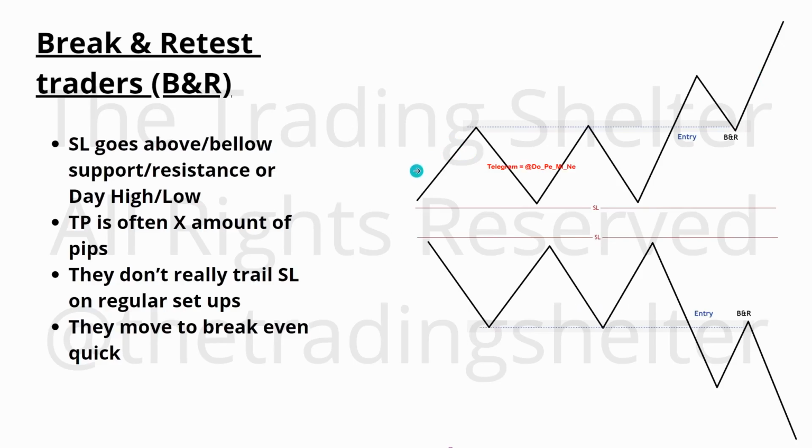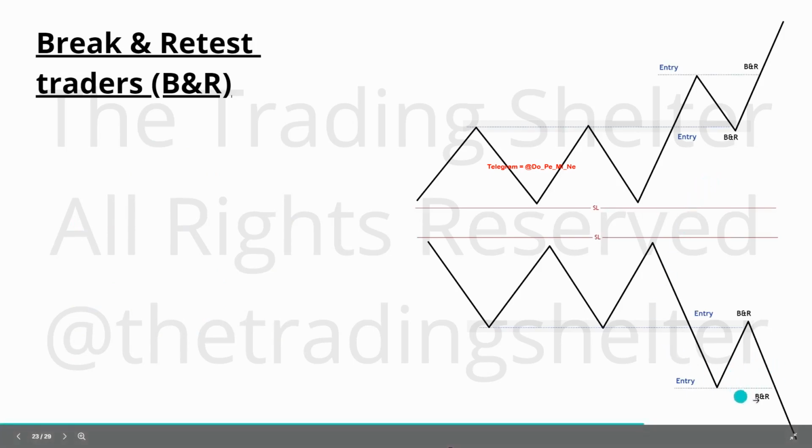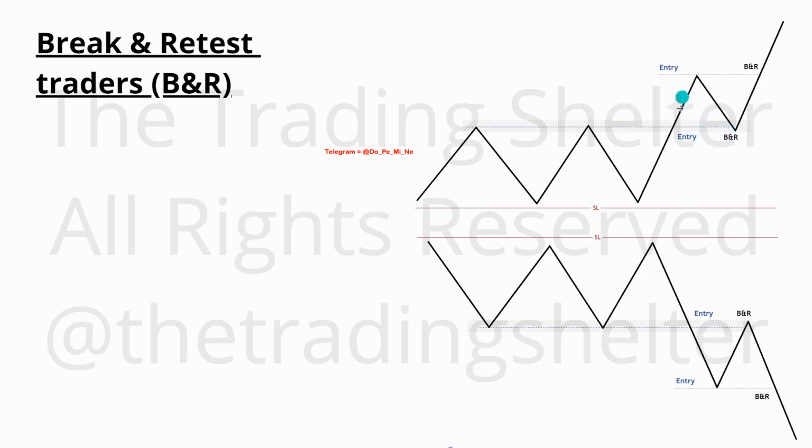Now, in combination with the break and retest traders, we also have people entering here. It's important to know that people entering here are also break and retest traders, but oftentimes it's more so breakout traders, so let's not confuse it. Imagine break and retest traders have confirmation to enter here.